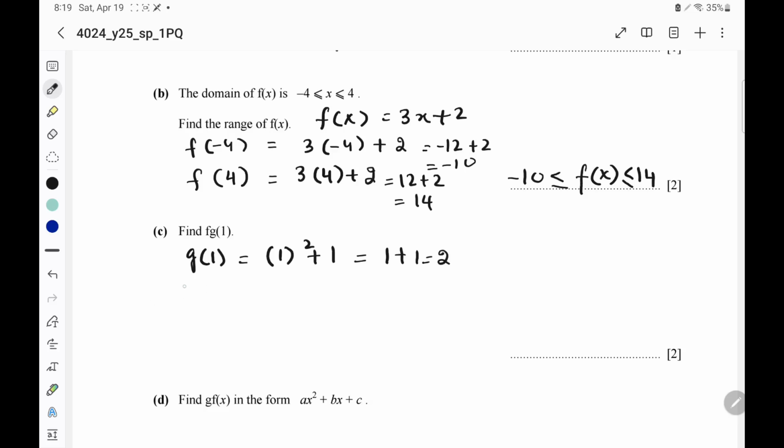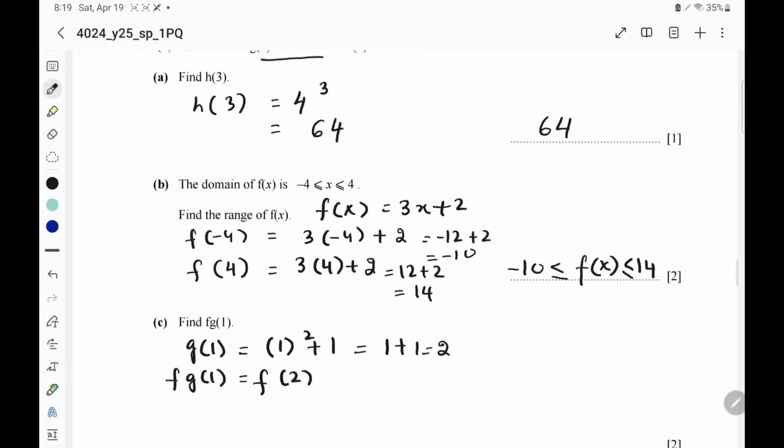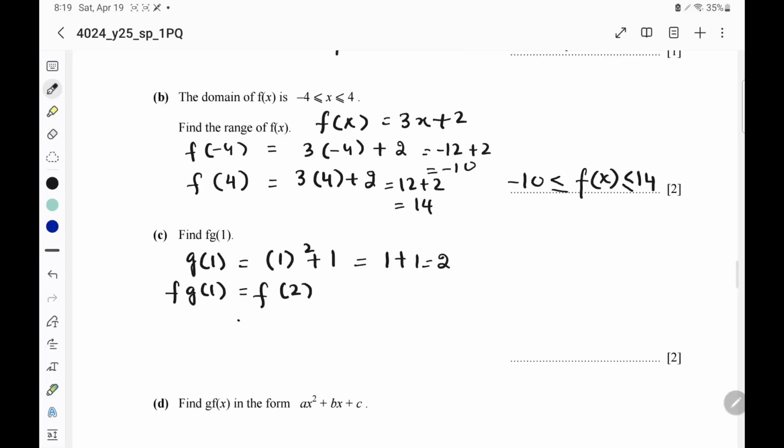So fg(1) means f of 2. Now f of 2 is required in the question. 3x plus 2 is f(x), so 3 times 2 plus 2. 3 times 2 is 6. 6 plus 2 is equal to 8.